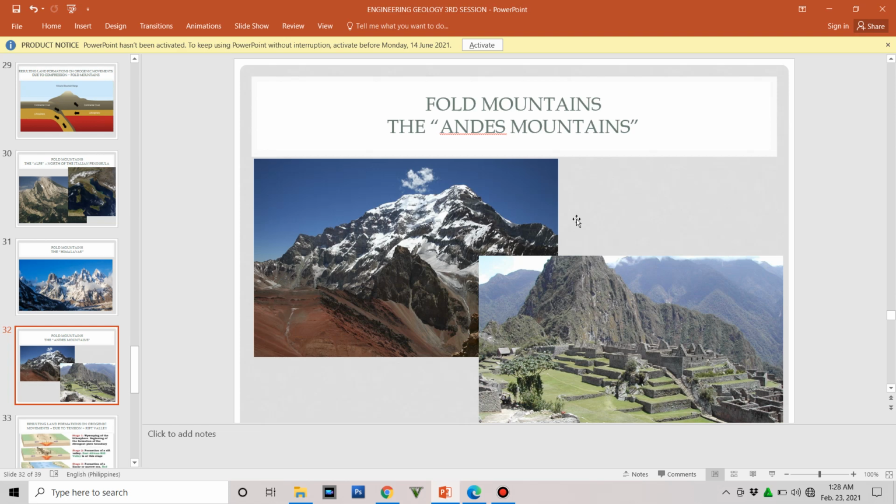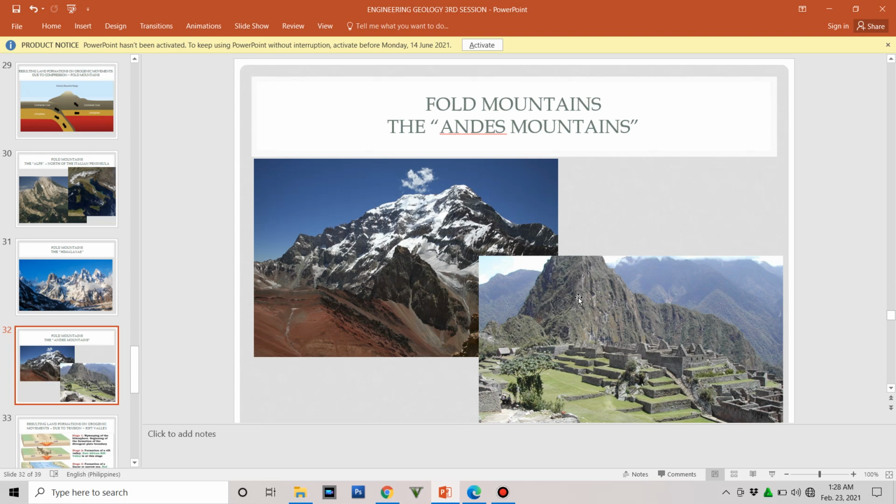So it is also known for its volcanoes, ruins of long ago civilizations, and the source of a malaria treatment. So kaya nga dito merong picture, merong dati yung civilization. Okay? So it is noted na napakaraming vulkan dyan. Okay? So it is located along the entire western coast of South America.